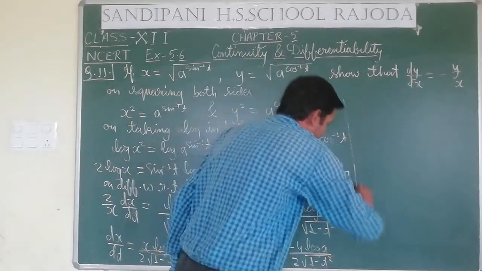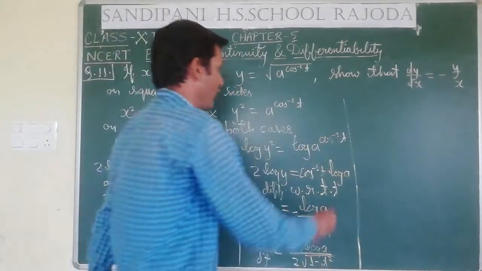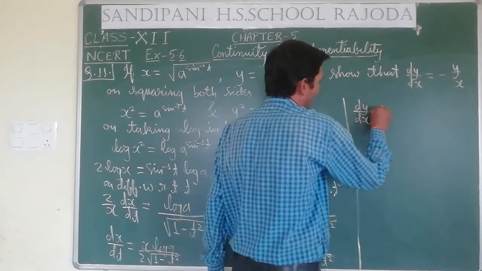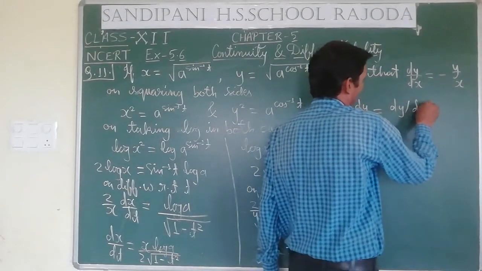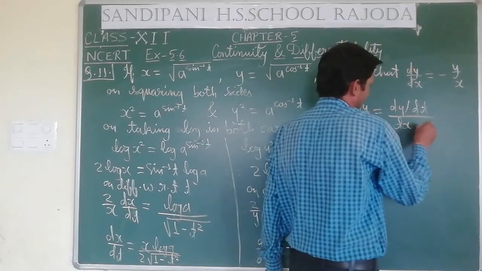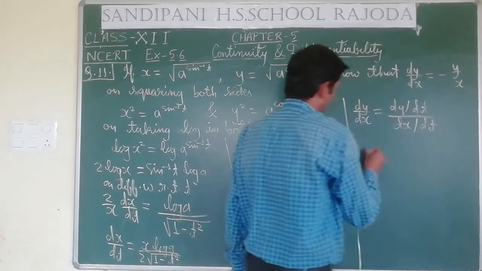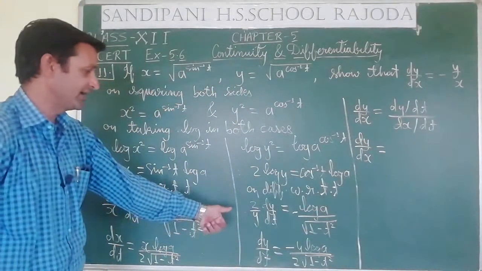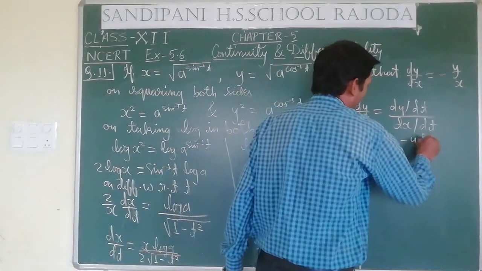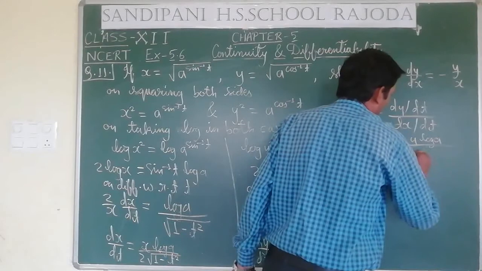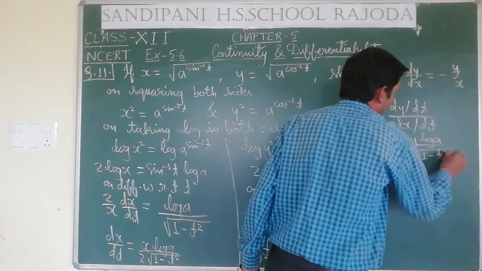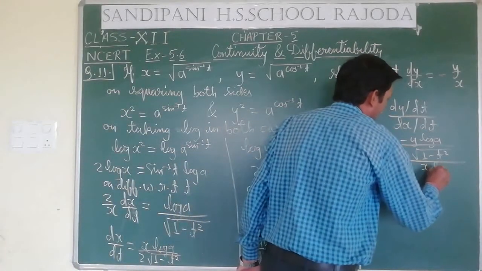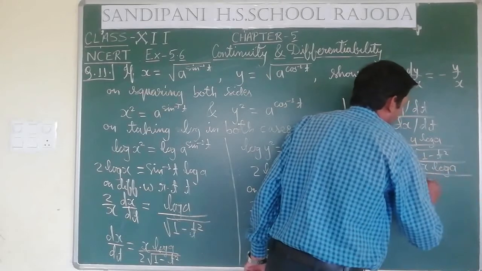Now what we have to find? We have to find dy by dx. So for finding dy by dx, we have to apply one formula: dy by dx is equal to dy by dt upon dx by dt. So dy by dx is equal to, see what is dy by dt? It is minus y log a upon root 1 minus t square, and the value of dx by dt is x log a upon root 1 minus t square.